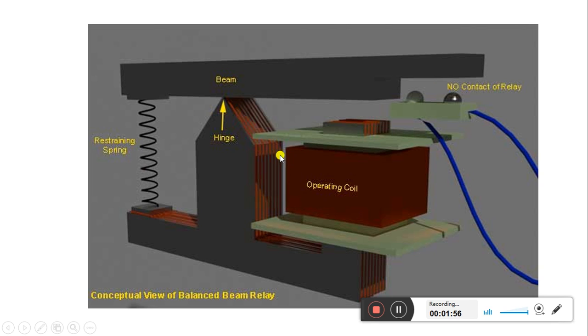Now as soon as a fault is created in the circuit, the current will increase and the voltage will go down. So the ratio of V by I in that condition will be less, and this value will be within the protected zone area.